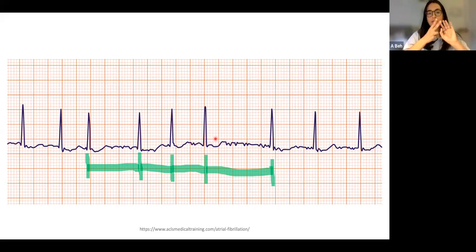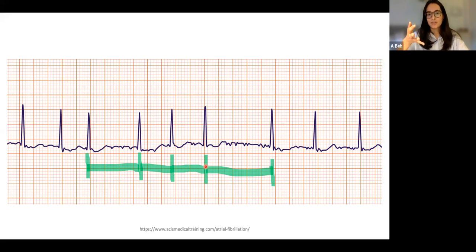So those are the most important criteria in the ECG. We should always check for the P wave. If there is none, it suggests atrial fibrillation, and check if the heartbeat is irregular. And this you can also see obviously on a Holter ECG, on the long-term ECG, or on an event recorder. So the ECG is a very, very important tool for atrial fibrillation.